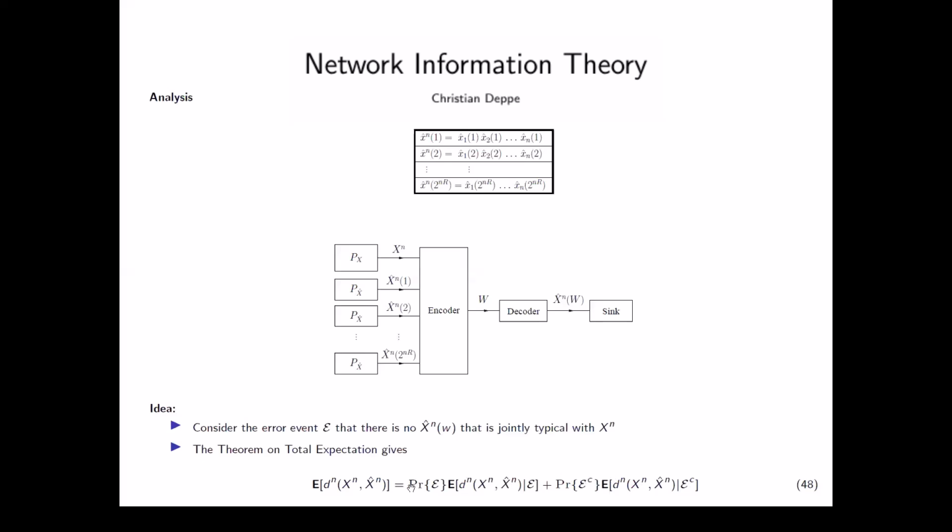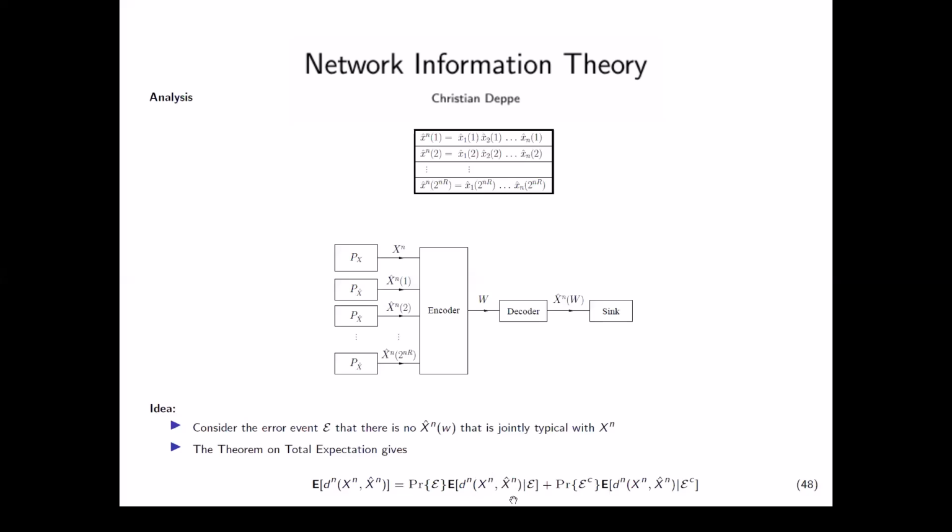We will estimate the probability of this error event, and we will see that this depends on the rate. We have to choose the rate in such a way that this goes to 0. Therefore, we create this extra sequence, because the rule is: if x n and x hat n are not jointly typical, then we use this extra sequence, which has the maximal distance to x n.